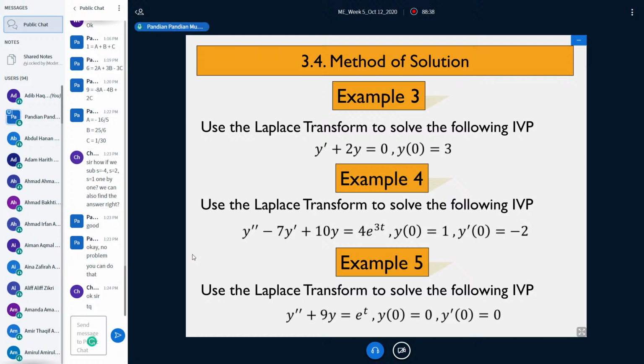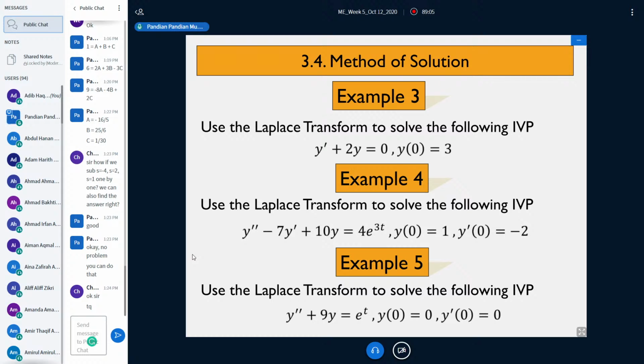I already mentioned to you, the previous slide is 3.1. Because it is inside 3.1, I cannot show you here, copy and paste. If you go to slide number 18 under 3.1, you can see transform of some basic functions.